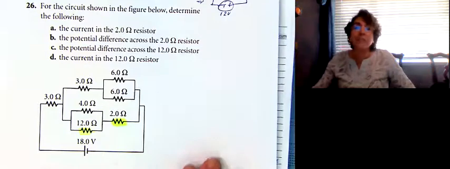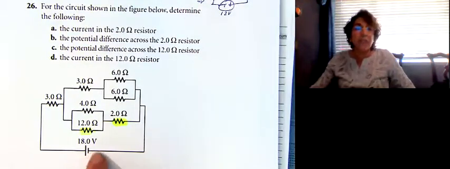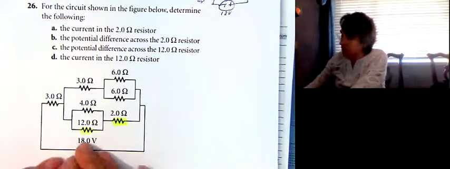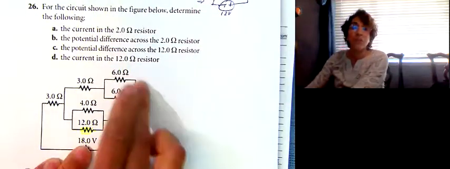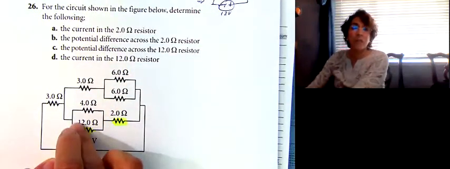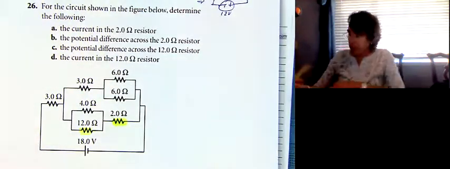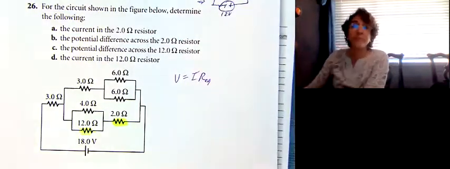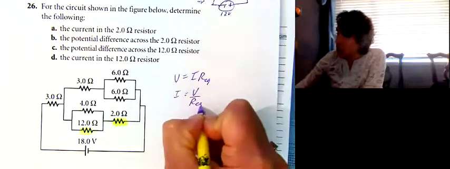Well, it turns out that we still need to know how much current is going through this battery. And the only way we know how much current is going through this battery is to figure out the equivalent resistance of all this we see right here. Once we know the equivalent resistance, then for V equals I R equivalent, the current is just that voltage divided by the equivalent resistance.